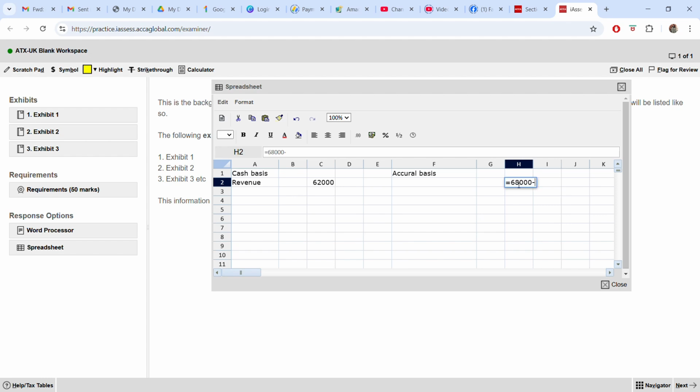From here, I will not deduct the debtors. I will only deduct the bad debts. This is accrual basis. See, even though it's debtors, we assume that it is relating to the sales for that period under accrual basis. So we take that debtor also under sales. So you see the difference? Here it is 62,000, here under accrual basis the revenue is much higher.